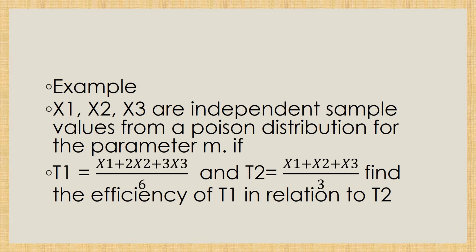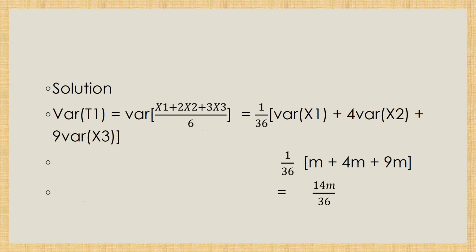So we have two estimators there, T1 and T2. For us to get the efficiency of T1 in relation to T2, we look at the variance of T1 and the variance of T2. This is the solution. The variance of T1 is equal to the variance of x1 plus 2x2 plus 3x3 divided by 6, which is the same as 1 over 36.